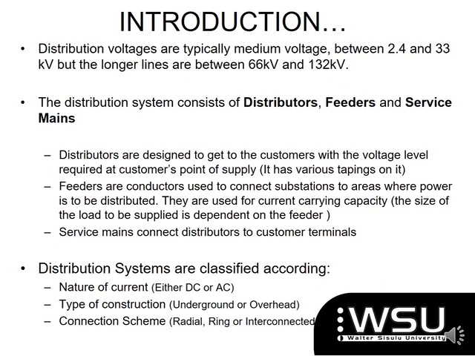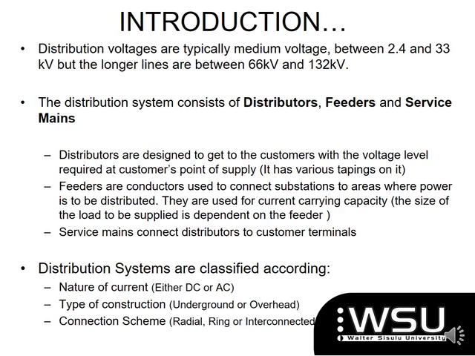So voltages that you find in our distribution systems are anything from the 220 volts that we have in our mains in our houses all the way to 132 kV. So our medium voltage, which is where the distribution system really exists, is anything between 2.4 kV up to 132 kV.